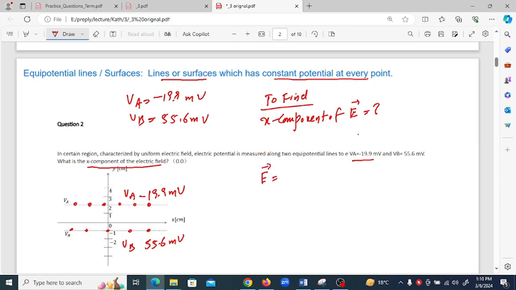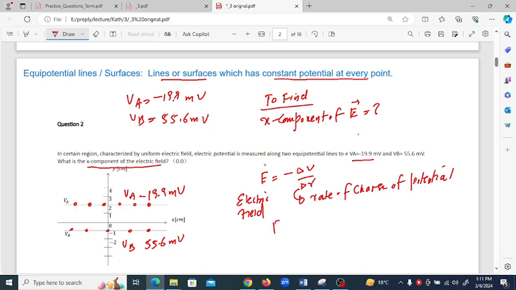E is equal to minus del V over del R. The rate of change of potential with respect to distance gives the magnitude of the electric field intensity. So the x component is Ex equal to minus del V x over del R x.